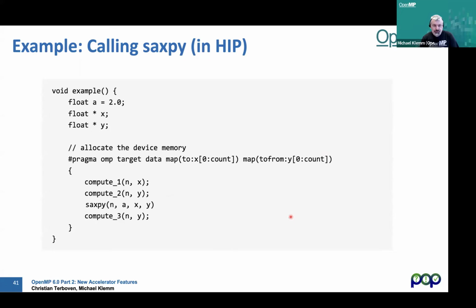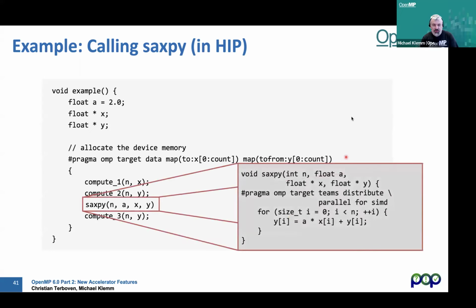And so, with the outside target data environment where X and Y have been mapped, we've been briefly touching on this, that this is possible, and now you got an example on screen. Then the Saxby kernel basically is the traditional for loop that we've been showing a bunch of times already, and then target teams distribute parallel for or target teams loop if you want to use the shorter version of it.